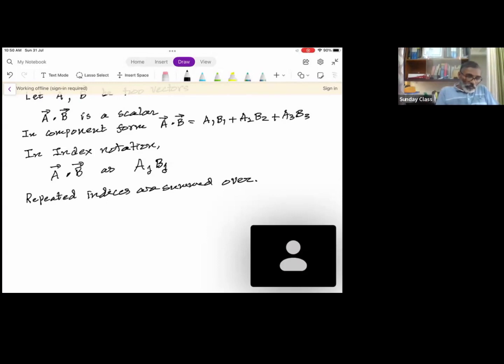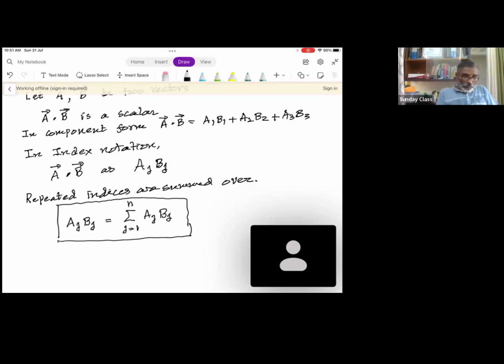So A_j B_j stands for the sum over j equal to 1 to n of A_j B_j, if you have an n-dimensional space.